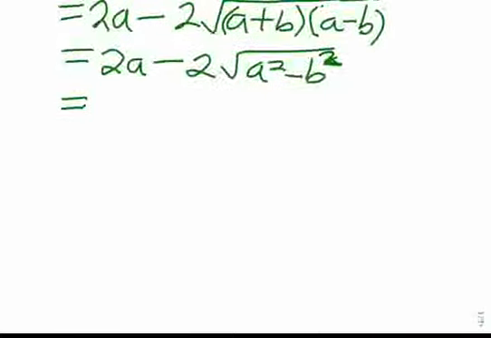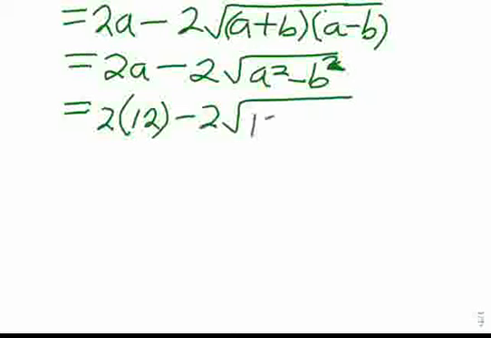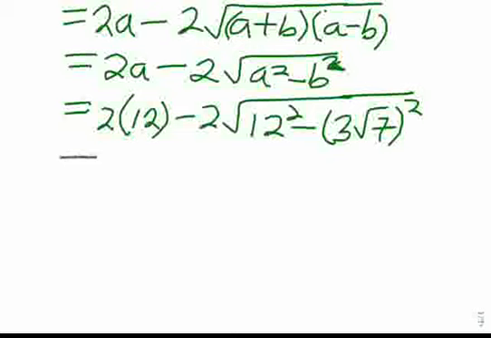A is 12, and then b is going to be 3 root 7. This is going to be squared. So let's simplify this further.